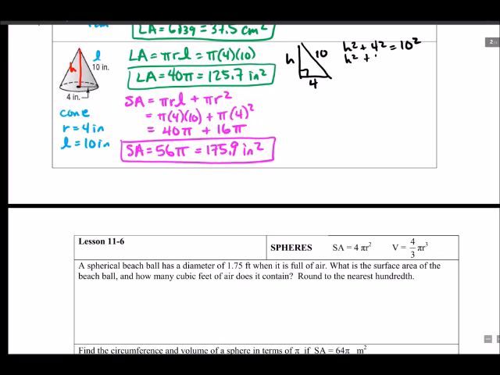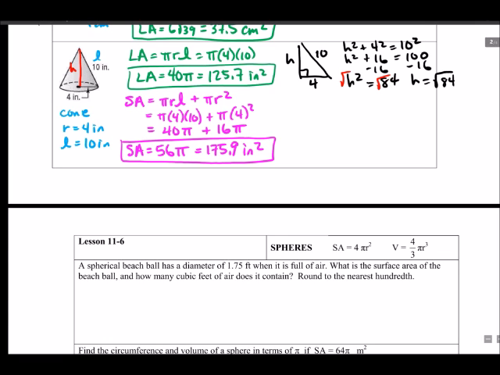So h squared plus 16 equals 100, subtract 16 from both sides. h squared equals 84. So we then go square root. So h equals the square root of 84.